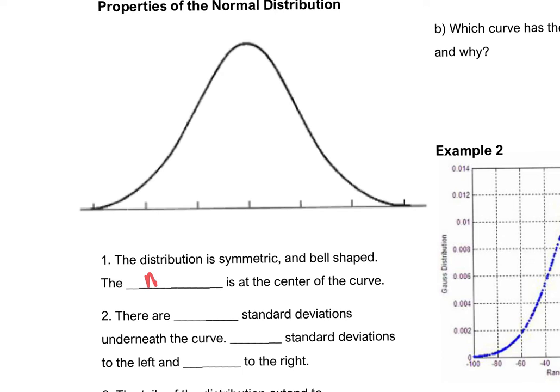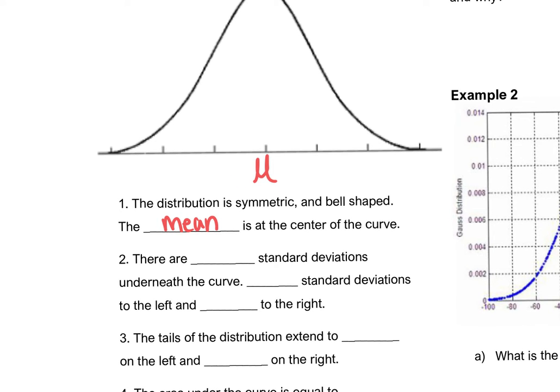This means that the mean, and remember we call the mean the population mean, we call that mu. And underneath this curve are places where the curve starts to drop. So it drops here and here. And that's the same distance from the mean. Then it drops again from here and here. And then it drops one more time from here and here.